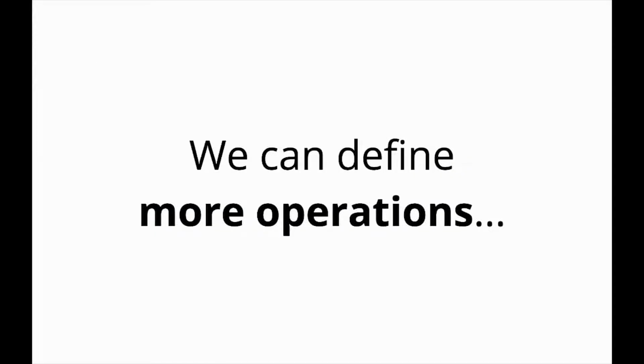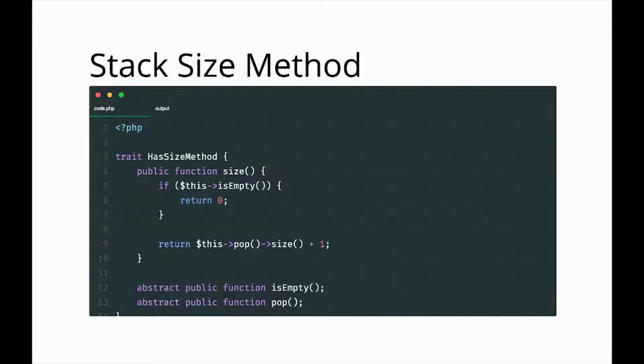We can define more operations because of the common behavior that we've implemented in both stacks. What if we wanted to add a size method to both of these implementations? Because we know that they have isEmpty and pop, we can use this behavior to recursively determine the size by counting how many things we can pop off of it until it's empty.